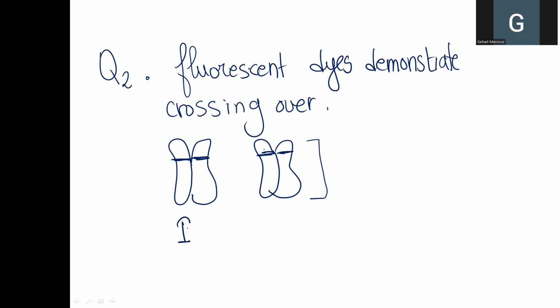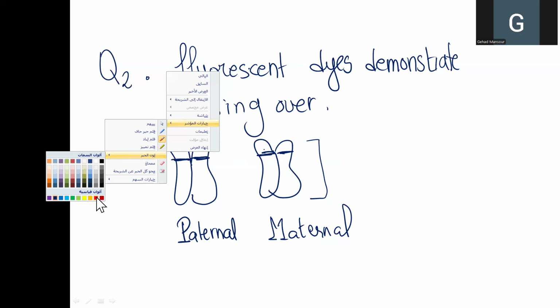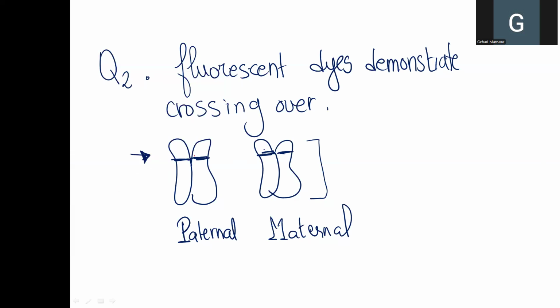So this is the paternal chromosome and this is the maternal chromosome, and we locate a certain gene, because now scientists are able to locate or determine the positions of the genes on the chromosomes, and scientists label the genes with different fluorescent dyes.